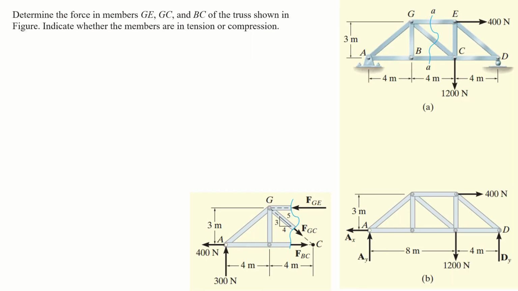Next, in the next slide, we will do an example to understand further the process of method of sections for structural analysis of truss. In this example, determine the force in members GE, that means this member GE, GC, this second member, and BC is this member.